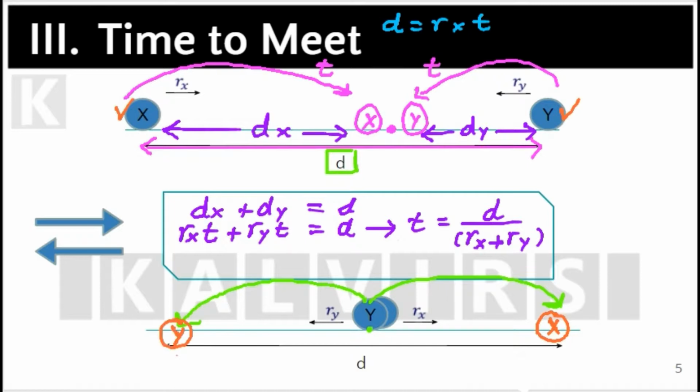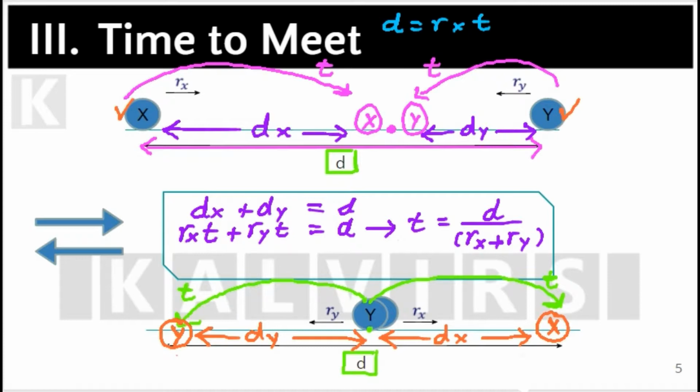Since they start moving at the same time, the time for each of them is the same. And this is the distance traveled by car Y and this is the distance traveled by car X. D is the total distance they travel.